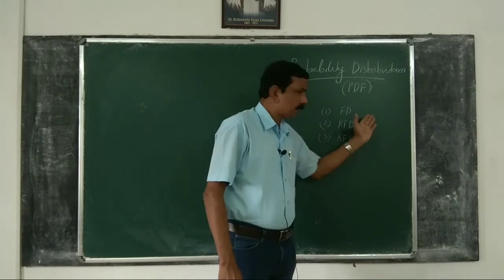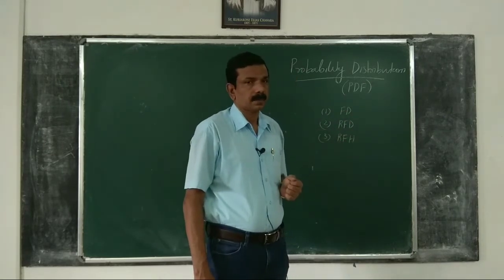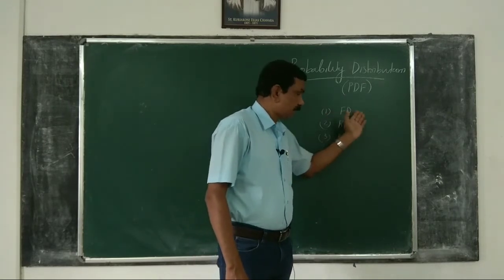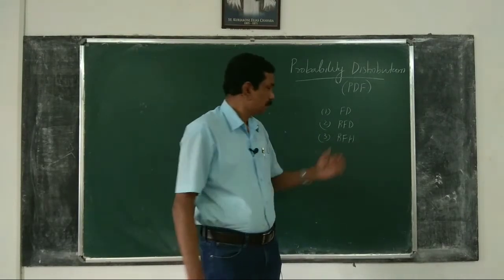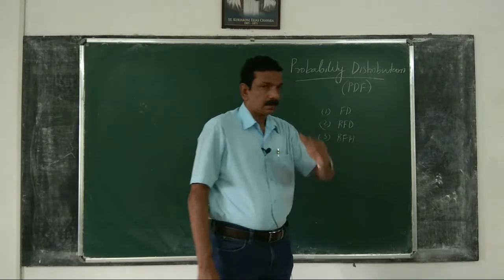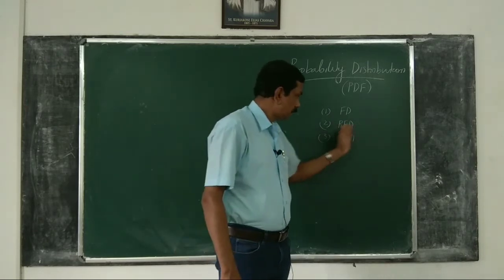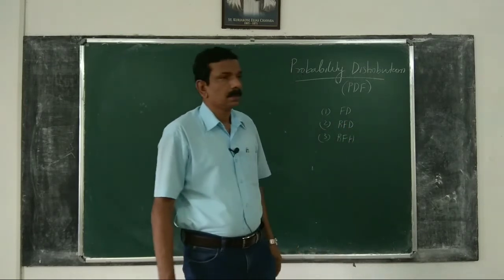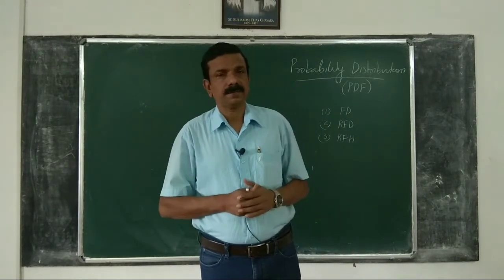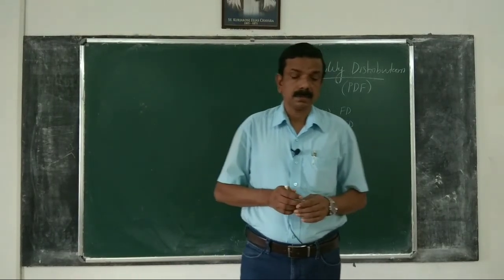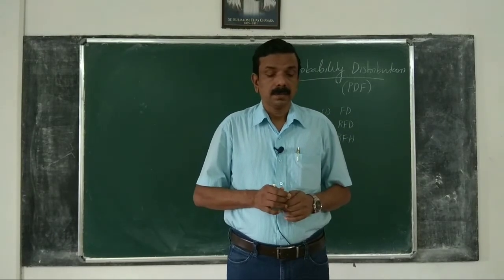We have a frequency distribution, the number of times that particular variable takes values. Dividing by the total frequency, we have a relative frequency distribution, and if you plot this in the form of a graph, we have what is known as a relative frequency histogram.